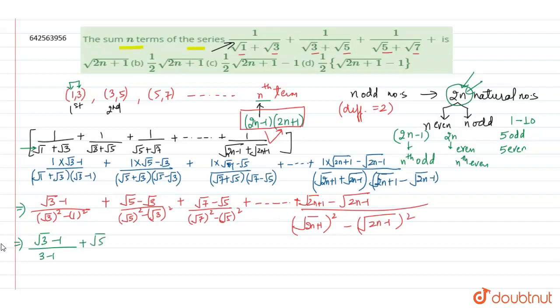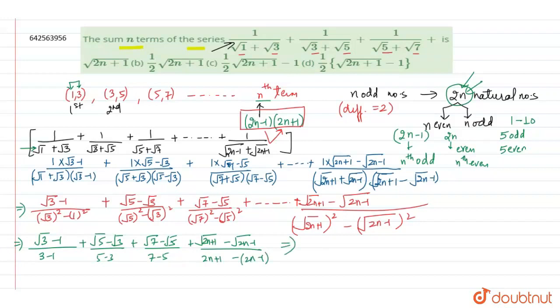Next one will be root 5 minus root 3 upon 5 minus 3. Next one will be root 7 minus root 5 upon 7 minus 5. Next one will be root 2n plus 1 minus root 2n minus 1, and in the denominator we get 2n plus 1 minus 2n minus 1.